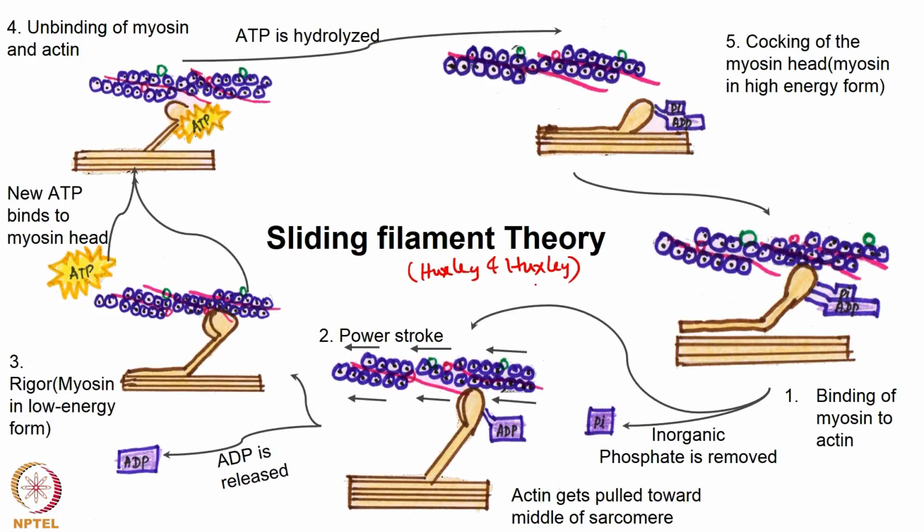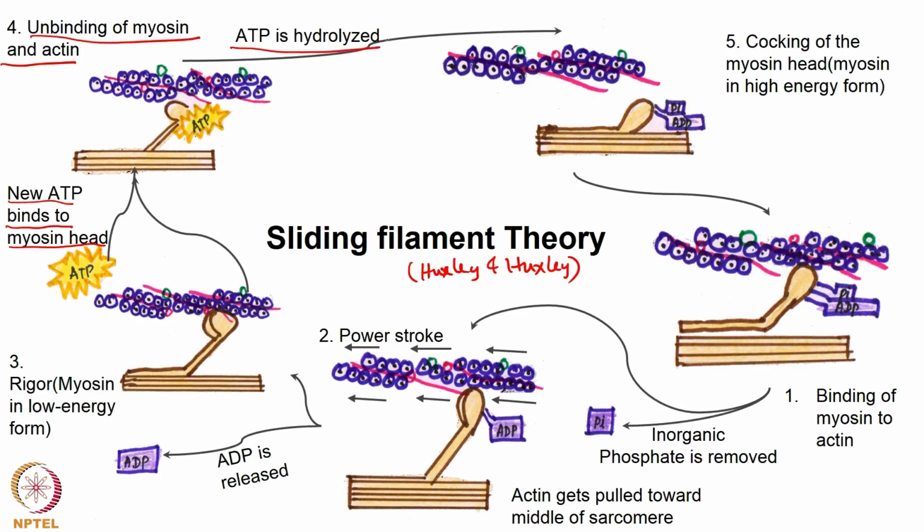Now, since this is the sliding filament theory or the cross bridge cycle, we could start explaining this anywhere. We will start here. Whenever ATP binds to the myosin head, myosin and actin are unbound, basically disconnected.